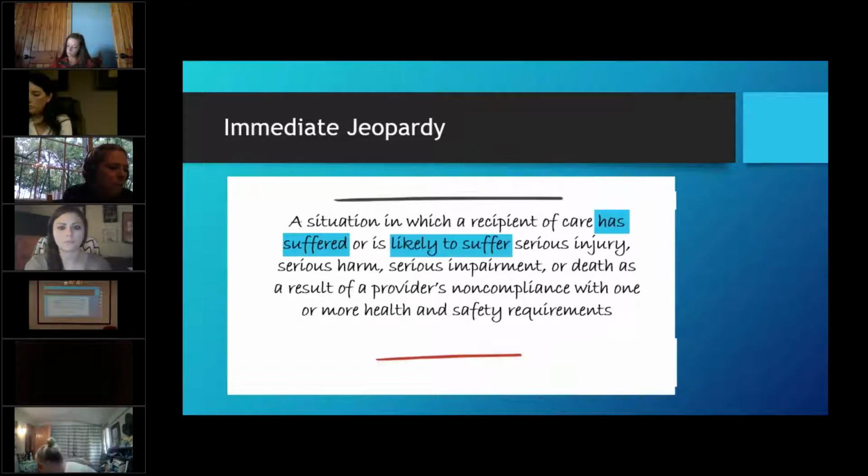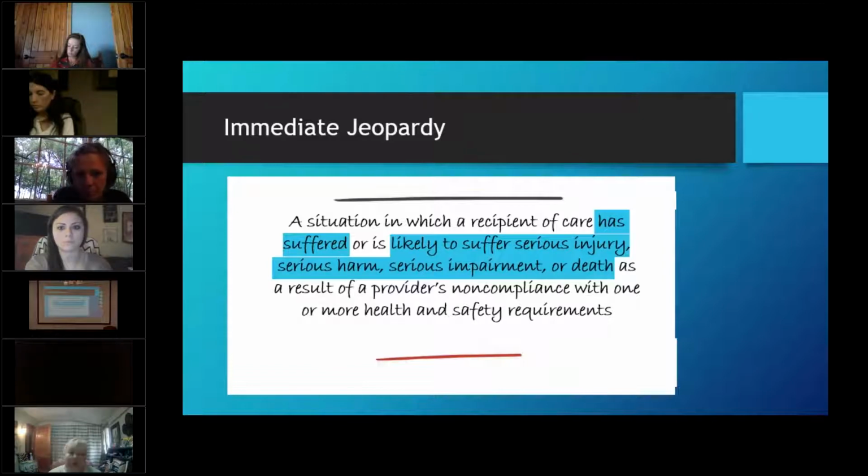Has suffered, is likely to suffer. Both are important. As a result of a provider's non-compliance. Something happened and you weren't in compliance with the regulations, which is how it got to that point.